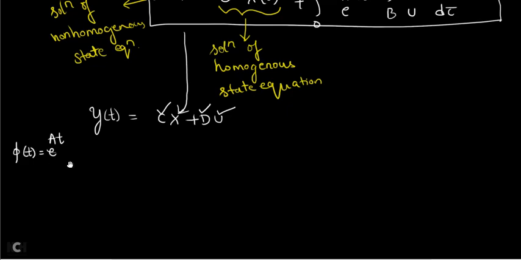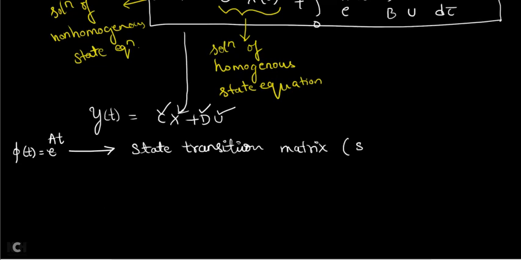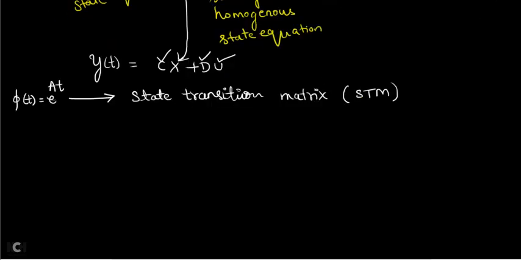So this e power at can be called the state transition matrix. That is the name given for e power at. In short, it can be called STM, state transition matrix. So now what is the Laplace transform of this?